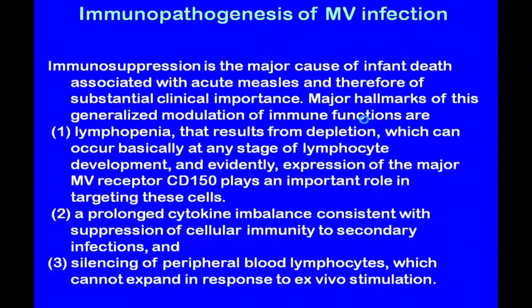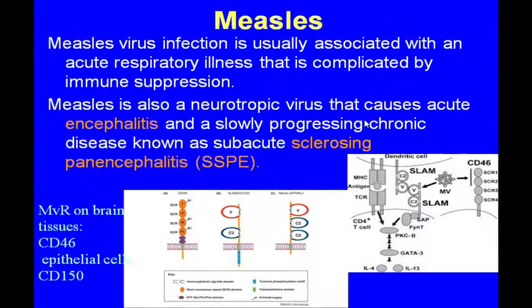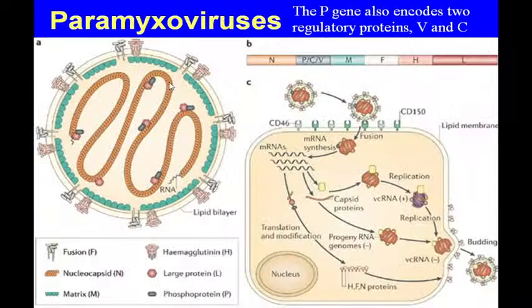So again, I would like to show you the picture. See, the M protein is very important in assembly of the virus. So if the M protein is not produced, there will be no lining of the inner layer of the cell membrane. So the nucleocapsids could not bud from the cell.